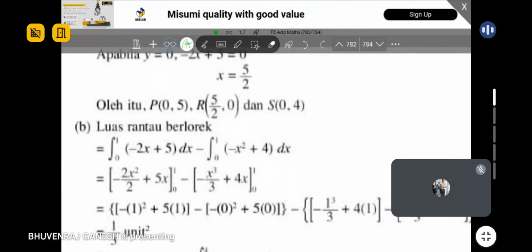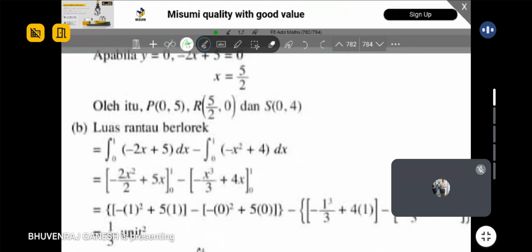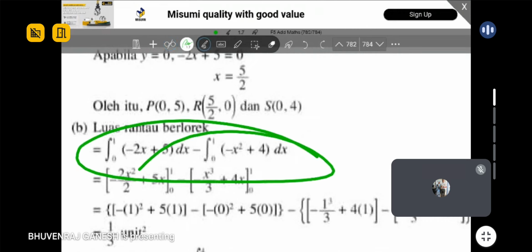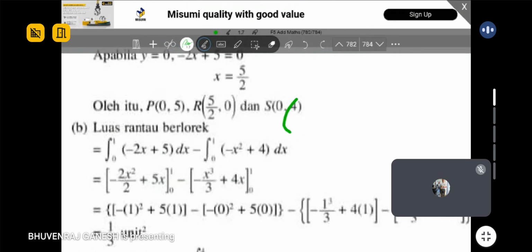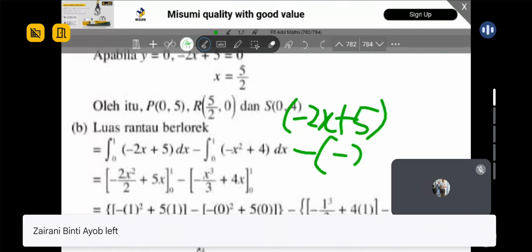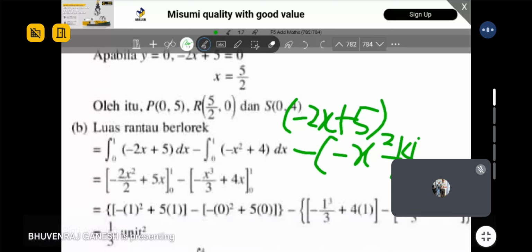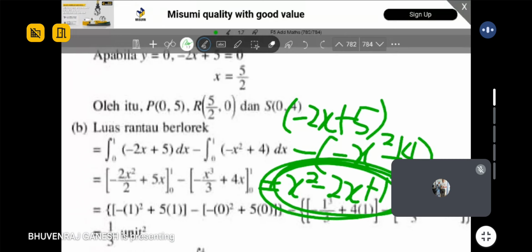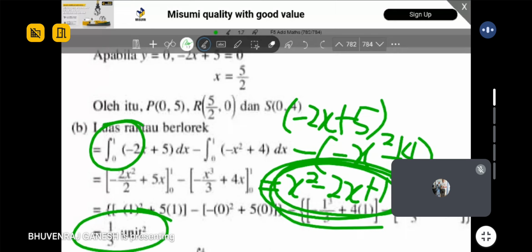One more method you all can use is, if you don't want to separate like this, you can directly combine. Means that negative 2x plus 5, I minus negative x plus 4 first. Then only I start to integrate. Also can. Means that you will integrate this equation. You will get the same answer also, 1/3, with the limits of 1, 0.